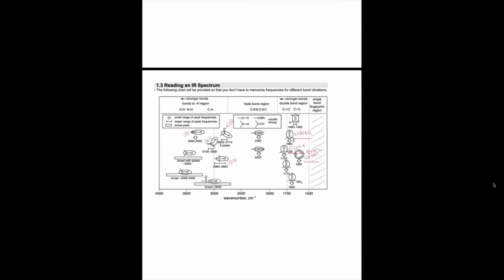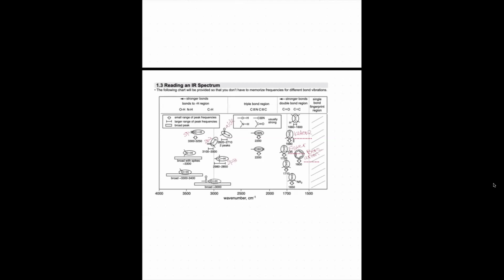And then the x-axis typically represents the wave number, which is a measure of the number of wave cycles per unit distance. The wave number is usually expressed in units of reciprocal centimeters, 1/cm. It is inversely proportional to the wavelength, so higher wave numbers correspond with shorter wavelengths and higher energy vibration.